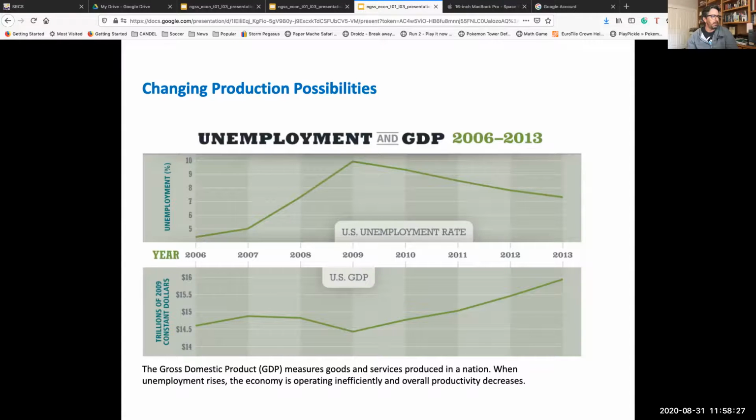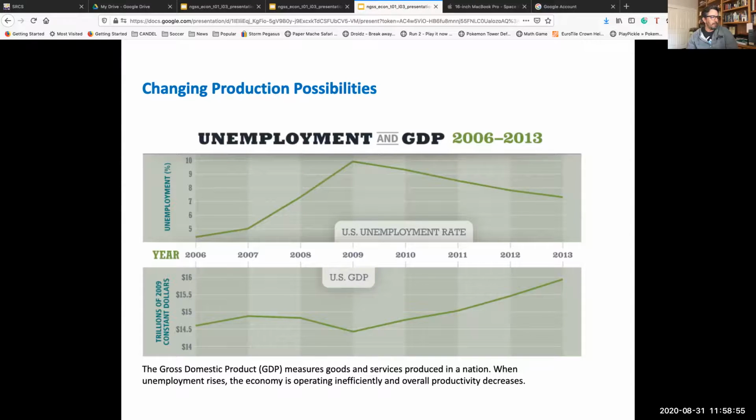So the GDP was approximately, in 2009, approximately 14 point, I would say, $4 trillion, right? Sounds like a lot of money, but look at where it was in 2013, closer to 16 trillion, which is a significant increase, right?